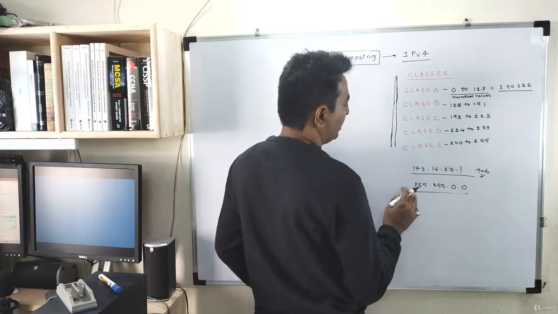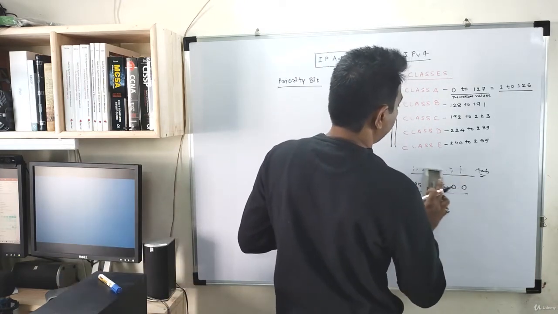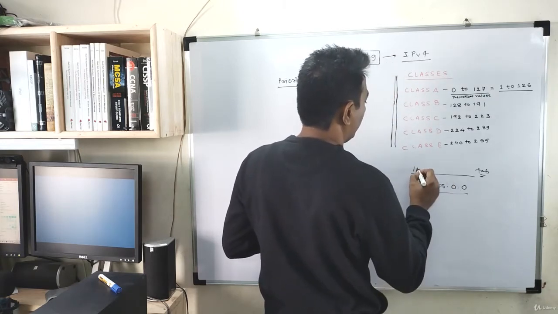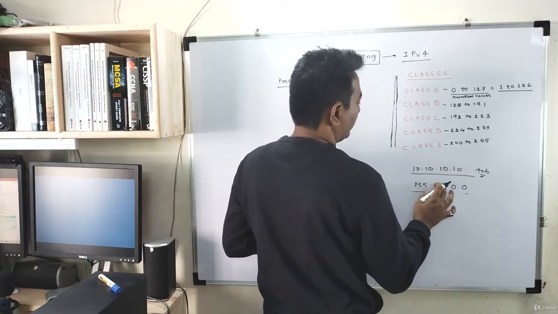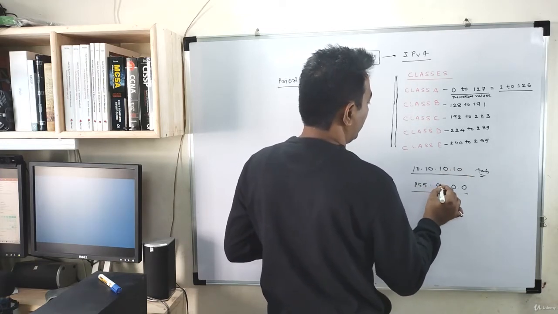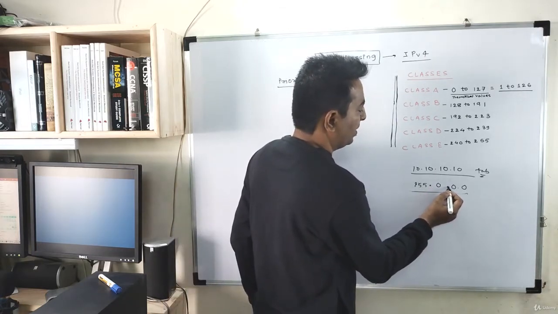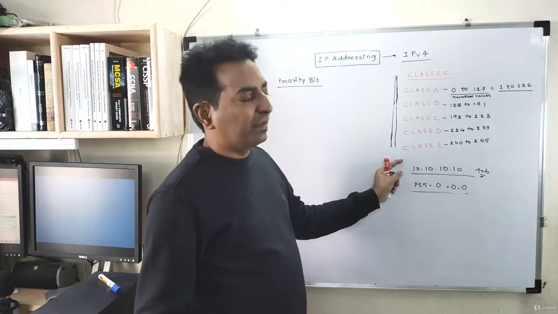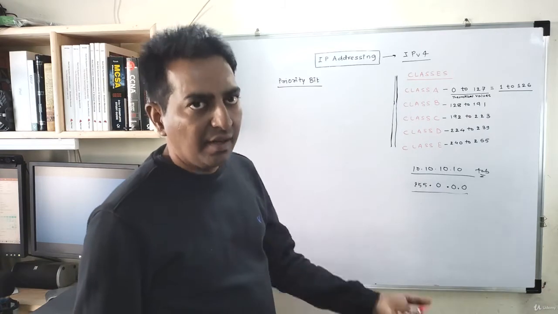If I consider an address like 10.10.10.10, the subnet mask value is going to reflect like this: 255.0.0.0. So if you enter an IP address, the computer will automatically give you a subnet mask in the next field.